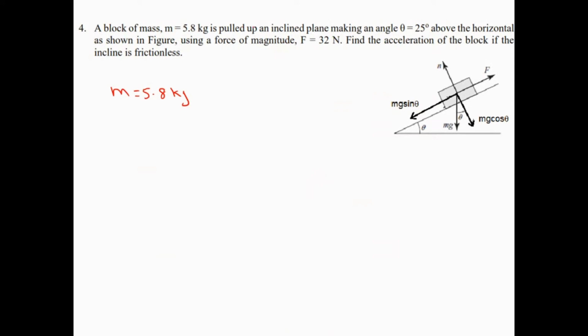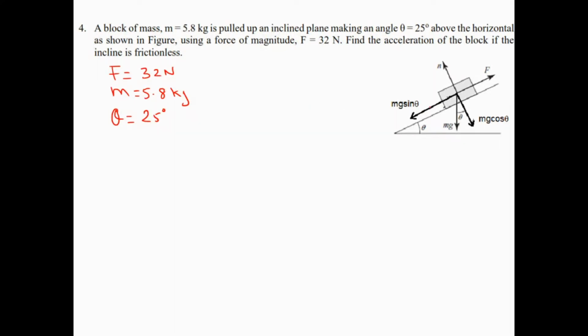And this mass is on an inclined plane, which is making an angle theta of 25 degrees. So the angle of inclination is 25 degrees above the horizontal as shown in the figure. A force of magnitude F equal to 32 Newton is applied on this block. Find the acceleration of the block if the incline is frictionless.